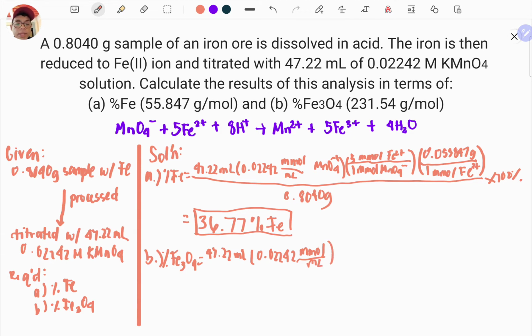And based on the chemical equation, we still need to convert it into Fe2+. How will the Fe3O4, the iron(II,III) oxide, come in?